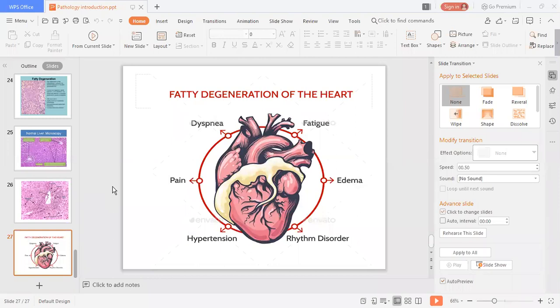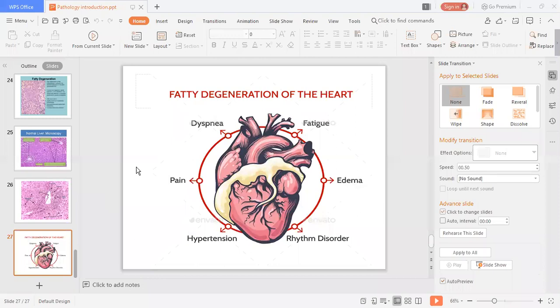For example, in the liver, this increased deposited fat causes enlargement of the organ, and there are two patterns associated with this fatty deposition in the hepatocytes. The first is due to lack of oxygen, that is in anemia, and it may happen in cardiac failure.